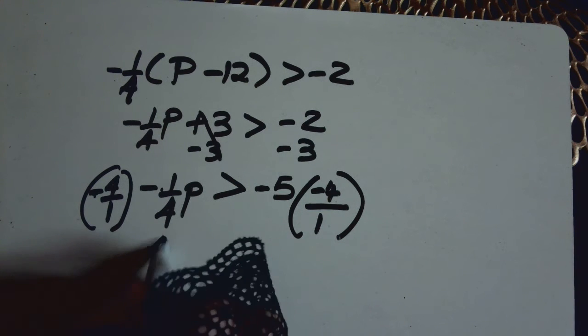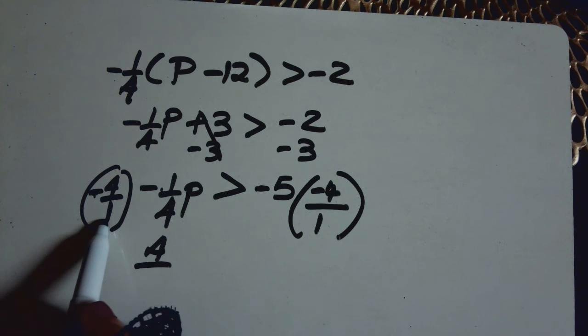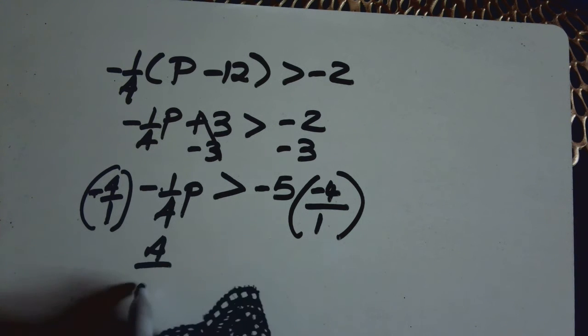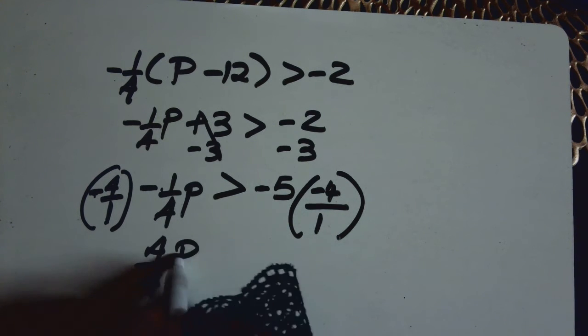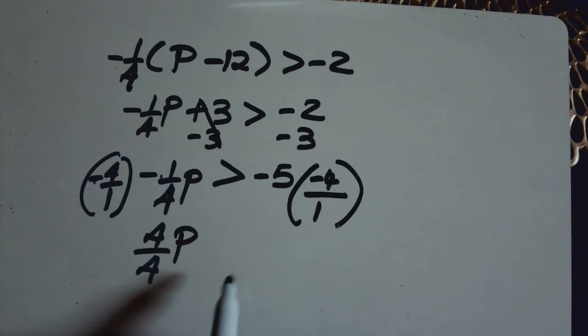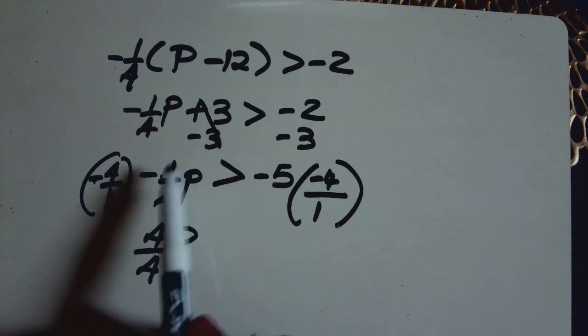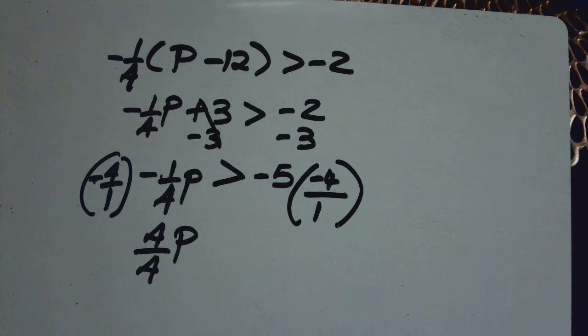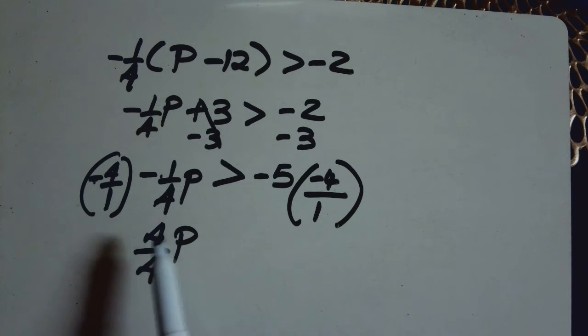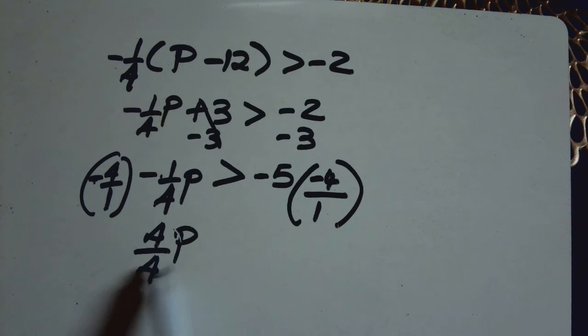That's going to be a positive 4. And then on the bottom, if I multiply 1 times 4, I get 4. So do you see? I'm just showing you why this works. You are multiplying by the reciprocal. So in other words, you're flipping the fraction. So when you multiply the top and bottom, you get the same number, which reduces down to 1. So that's why doing the reciprocal always works.